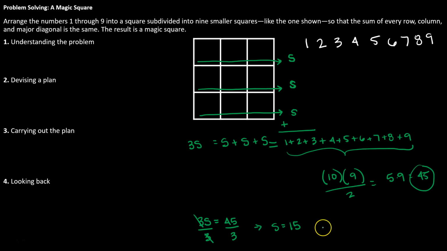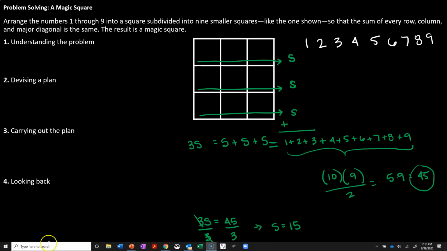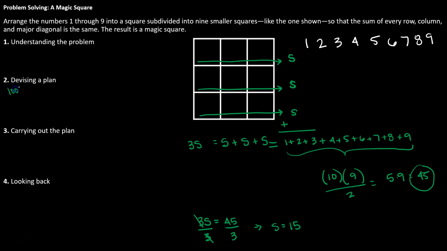Don't put 1, 2, and 3 in the same column. Don't put 1, 2, and 3 on a diagonal because they only added up to 6, and that's not enough. So we're going to look for all the triples that add to 15.